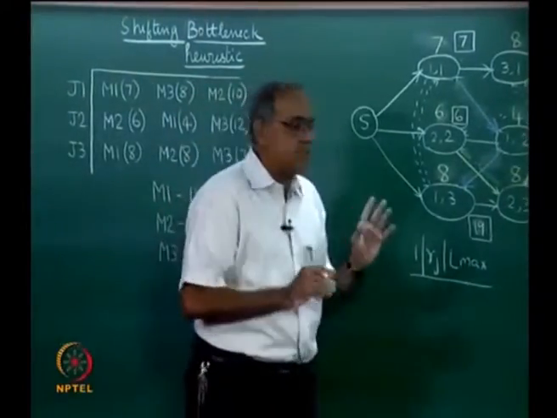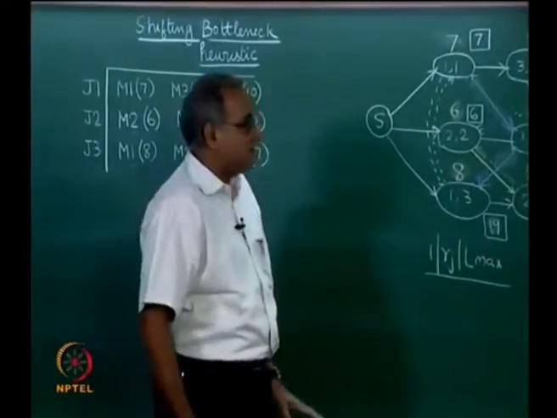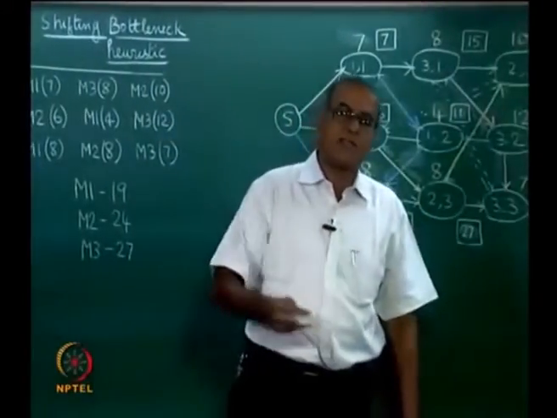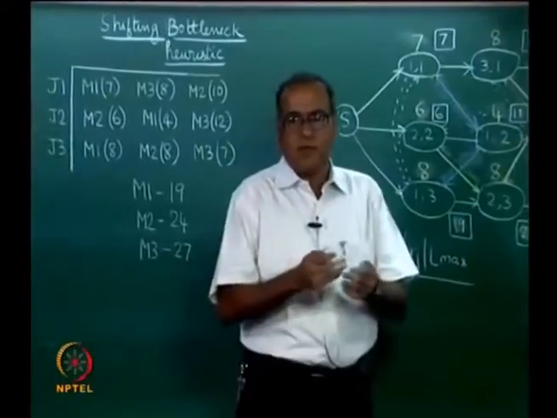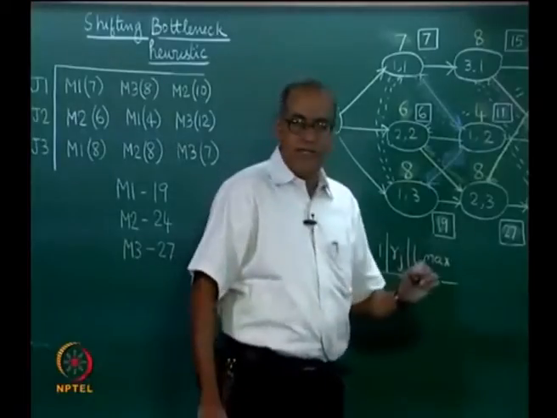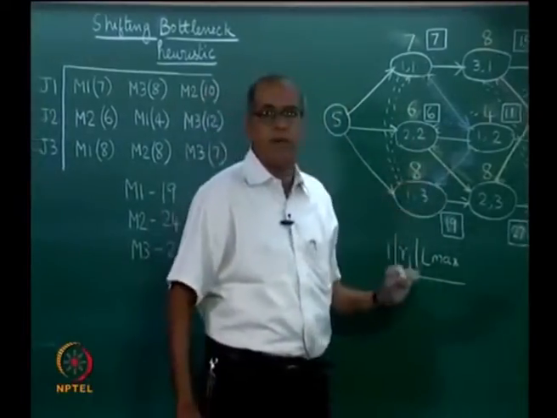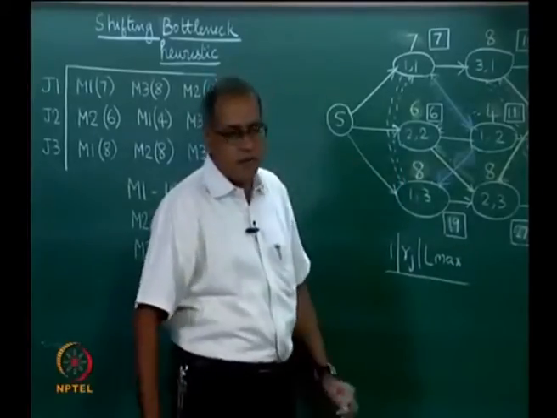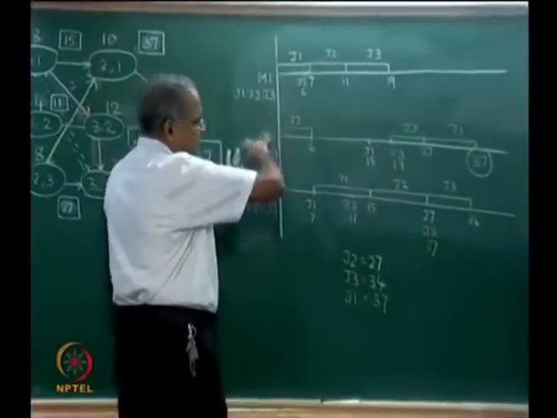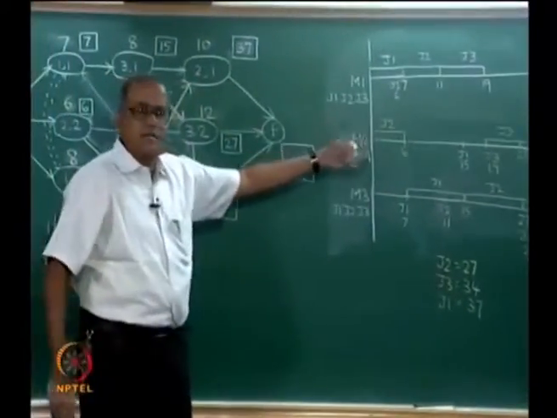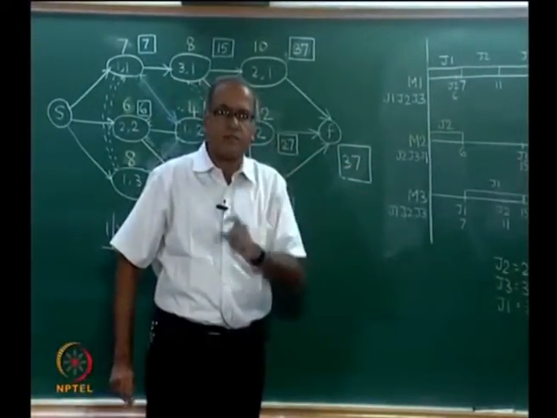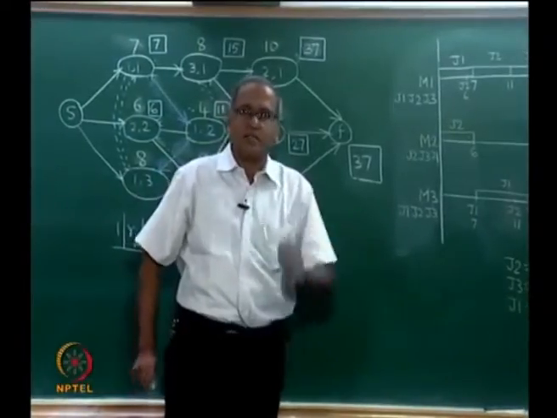So, the shifting bottleneck heuristic is important for many reasons. One, it is able to provide very good solutions; even though not optimal on all occasions, it is able to give optimum on many instances and close to optimum on very many instances. It provides an alternative to a dispatching rule based approach to solve a job shop scheduling problem, because this sequence 1 2 3 or 2 3 1, or suppose we take a shortest processing time based Gantt chart, then it gives a certain sequence for each machine that is obtained through a dispatching rule.